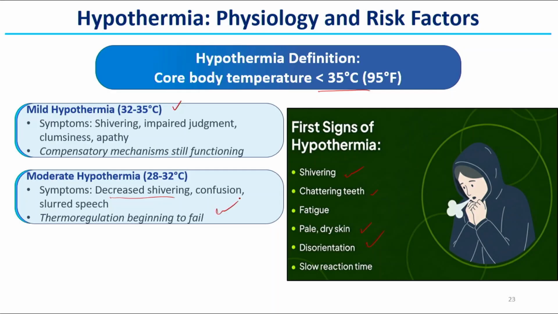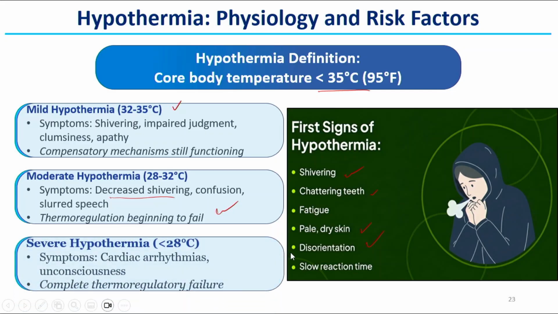In severe hypothermia, with body core temperature less than 28 degrees Celsius, cardiac arrest may take place, people may become unconscious, and there is complete thermoregulatory failure. The thermoregulation system will not work if the body core temperature is below 28 degrees Celsius.